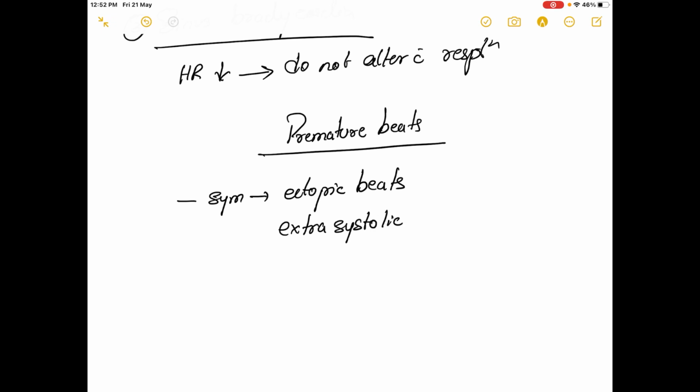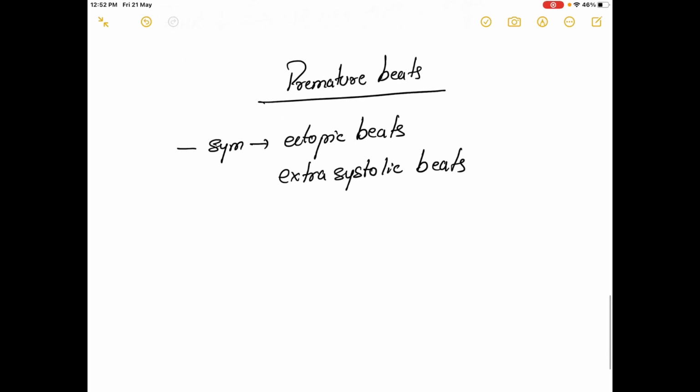Now let's see what these premature beats are. This is an extra beat compared to the normal sinus rhythm, so it is called an extrasystolic beat.